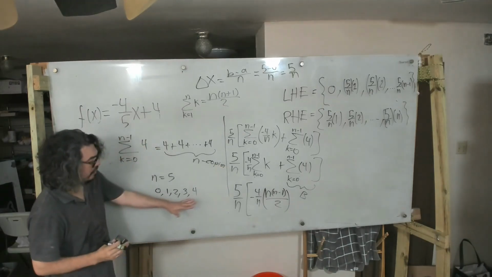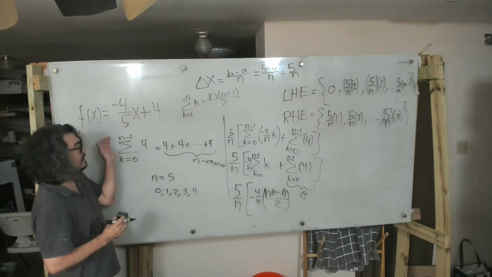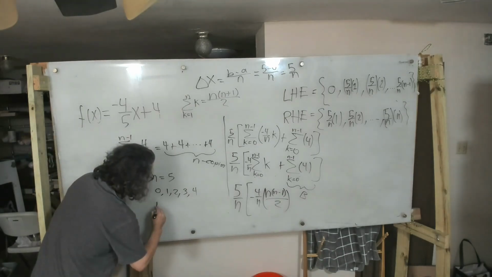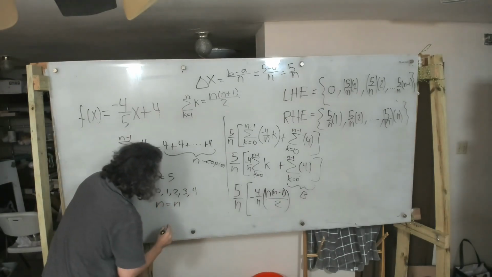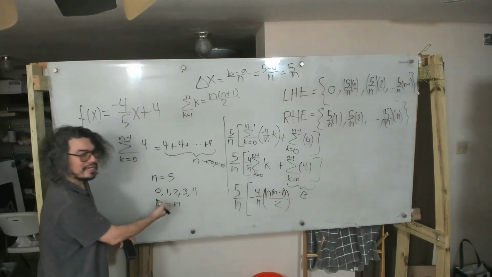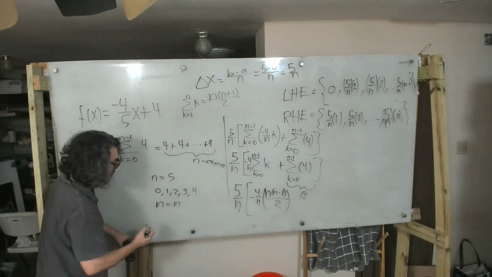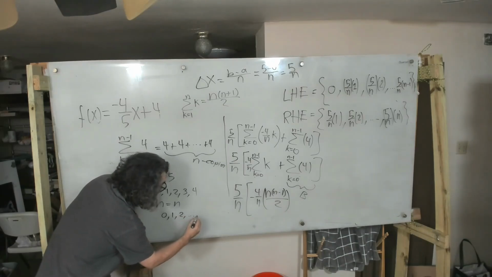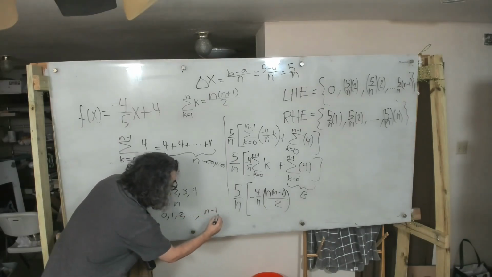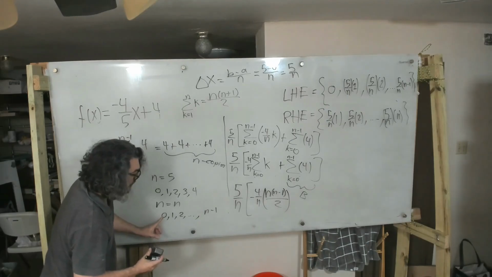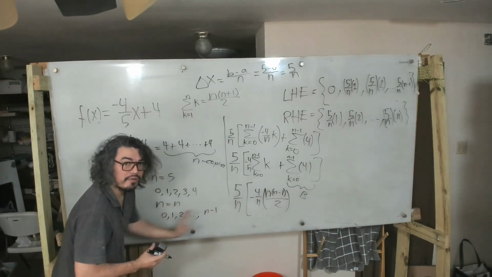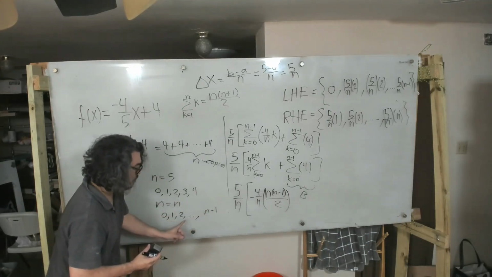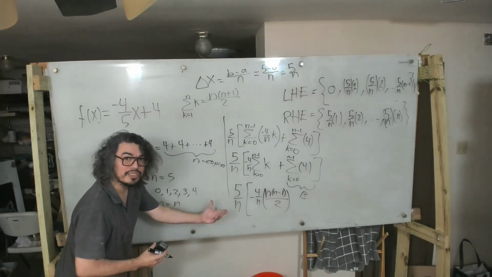Now you can see that the argument is exactly the same in the general case. The listing would be 0, 1, 2, dot, dot, dot, all the way to n minus 1. We can just attach this 0 at the end to count them: 1, 2, all the way to n minus 1, and then one more, which is the 0.